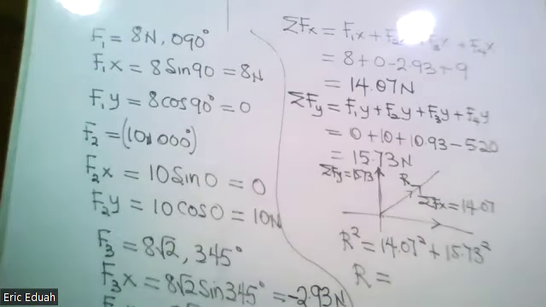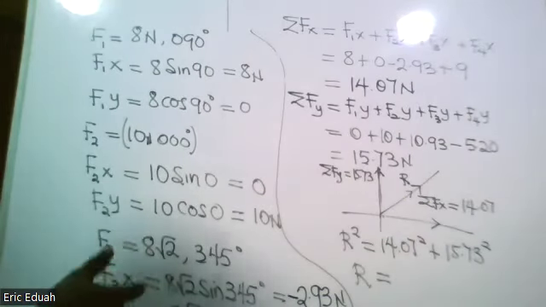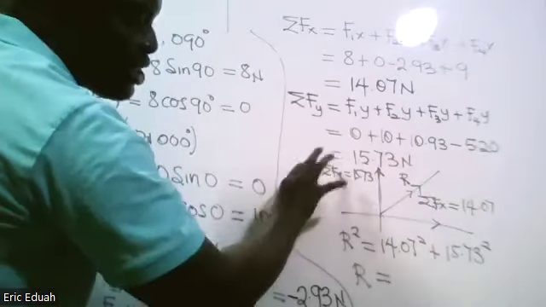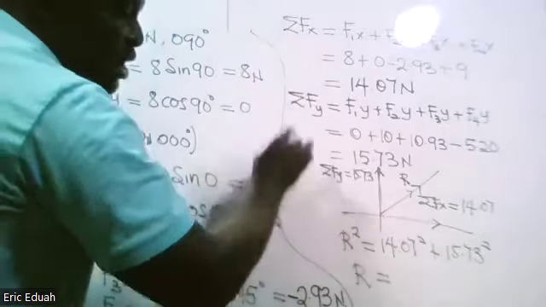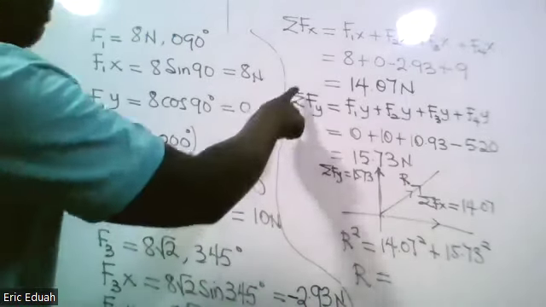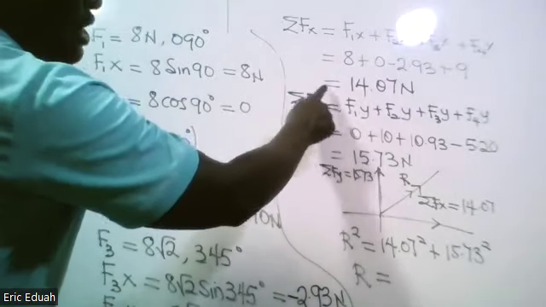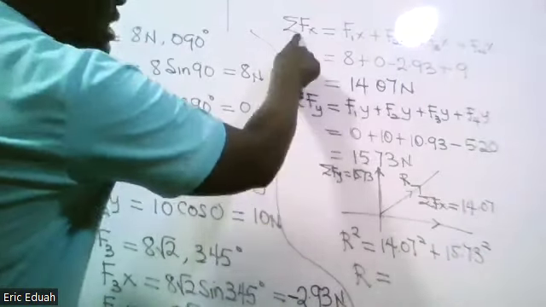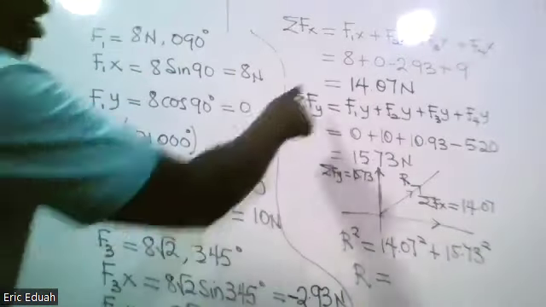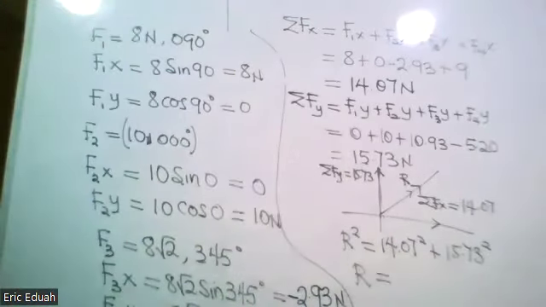the Cartesian plane, your x and y axis, and put these values of summation x and y along the Cartesian plane. By getting positive f of x, it means that summation f of x will lie along the positive x because its value is positive.